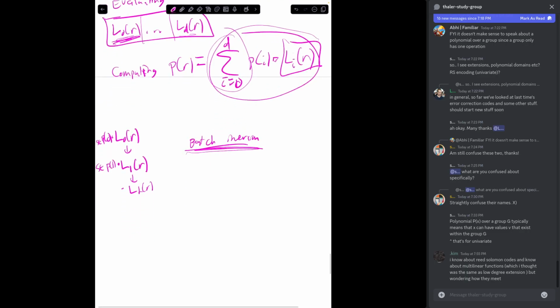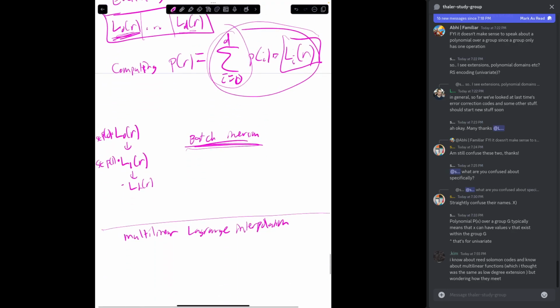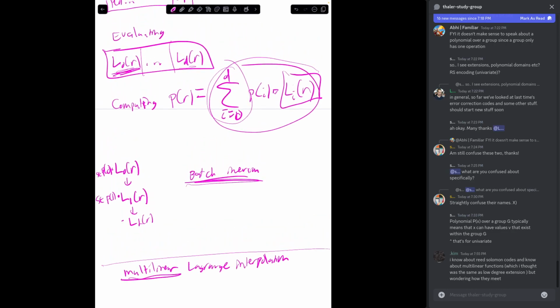But there are actually some recent developments. Next time we're going to talk about multilinear Lagrange interpolation, and there are recent developments about exactly these sorts of issues, making Lagrange interpolation in the multilinear setting operate in very small space by not actually storing all of the Lagrange polynomials evaluated at r. Okay, I'm going to stop babbling. Perhaps I answered a different question than you asked.